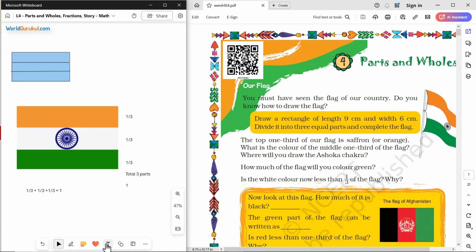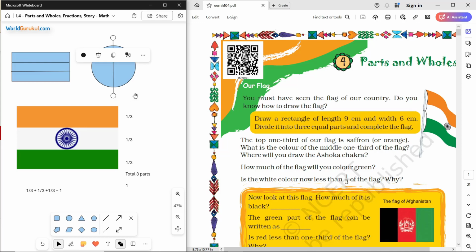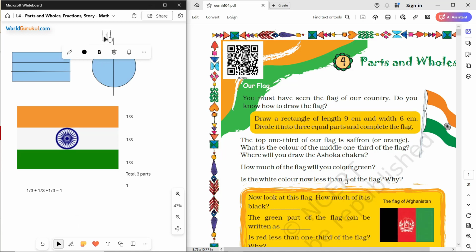Suppose there is a lemon. If you cut the lemon into half, like this, then the left and the right. So this is 1 part, this is another part. Total how many parts? 2 parts.